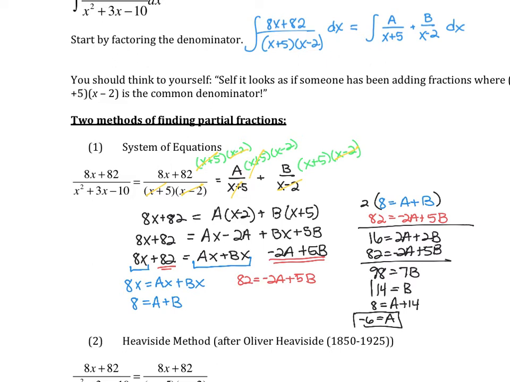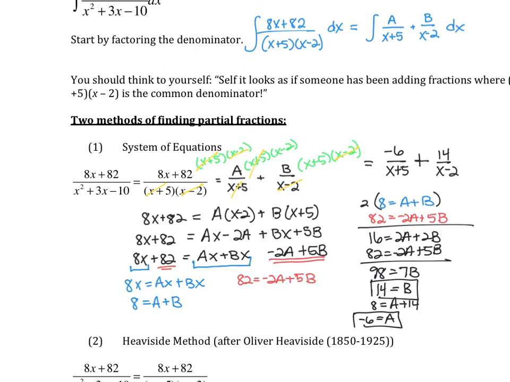So here are my two terms. If I go and rewrite this according to what I just found, if I break down my original rational expression, 8x plus 82 over x squared plus 3x minus 10, I can decompose it into the fractions negative 6, which is a, over x plus 5, plus 14 over x minus 2.